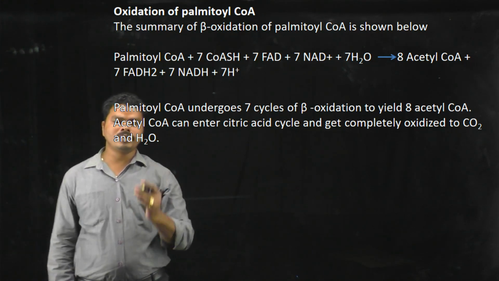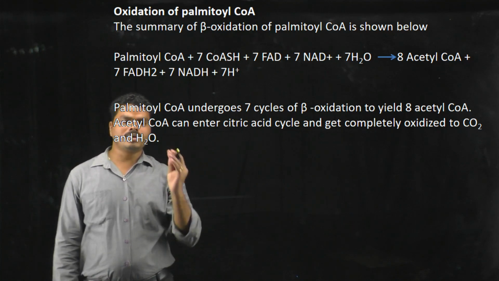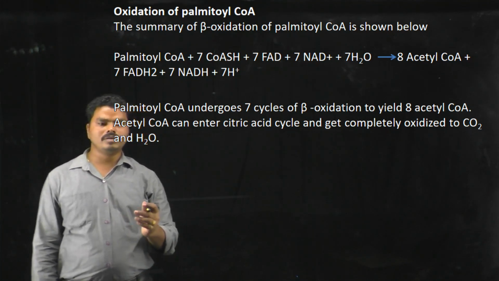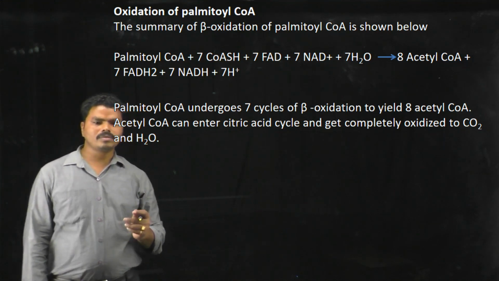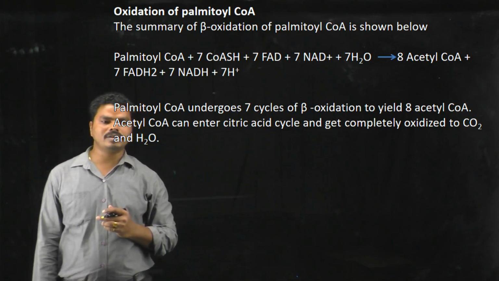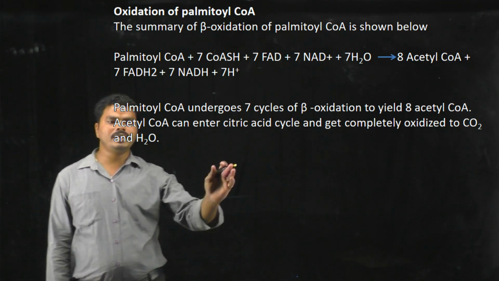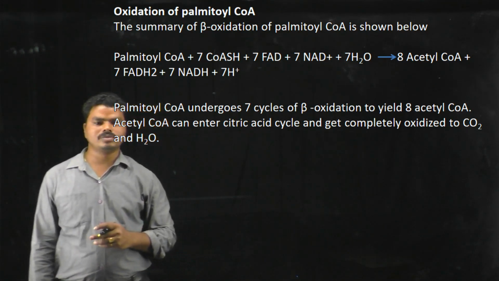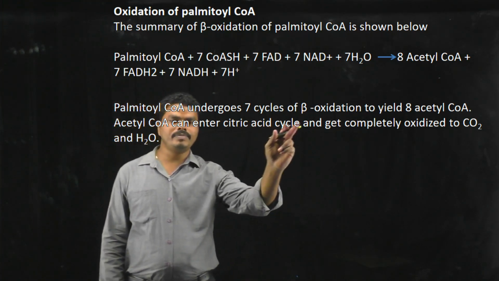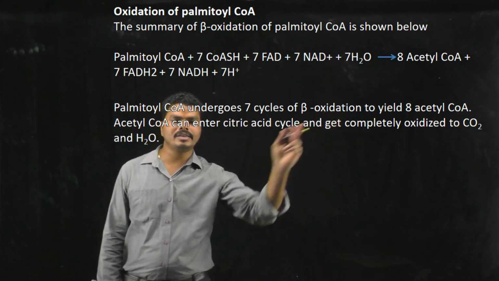This palmitoyl CoA is subjected to beta oxidation. During that process, it undergoes 7 cycles of beta oxidation to yield 8 acetyl CoA. So one palmitoyl CoA is subjected to 7 cycles of beta oxidation to yield 8 acetyl CoA.